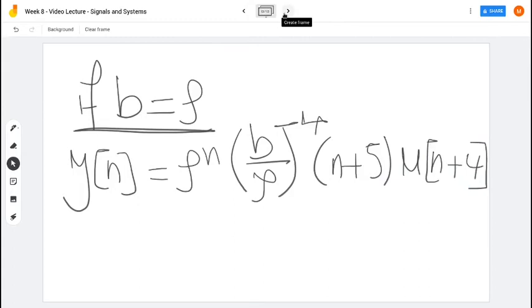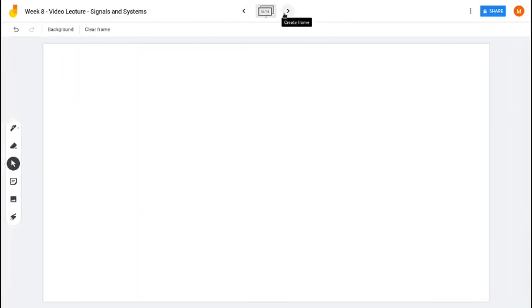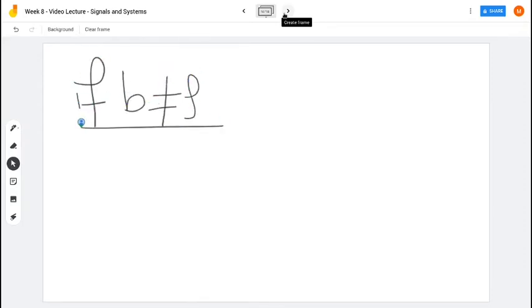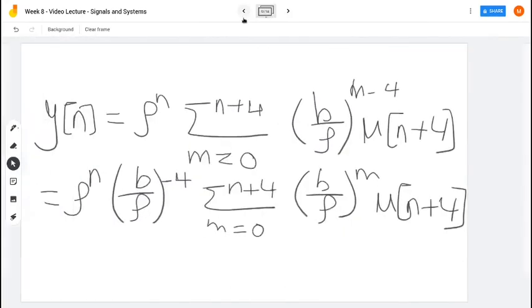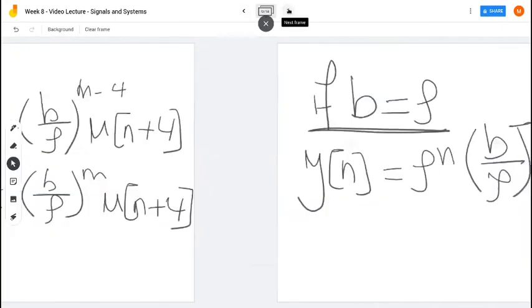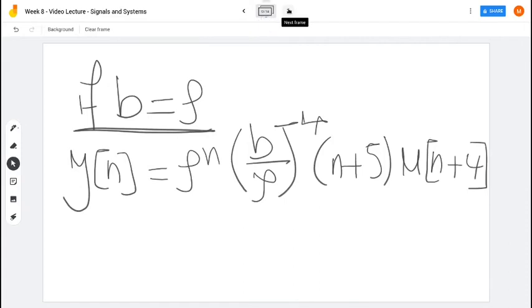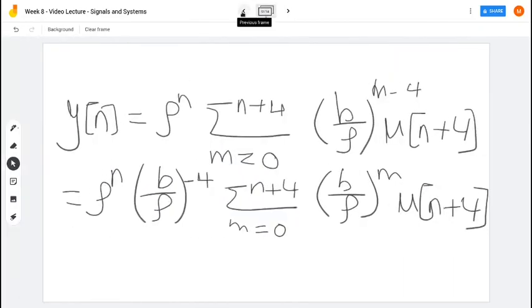But if b is not equal to rho, in this case we will be having y of n equal to rho to the power n, and then a term b over rho to the power minus 4, and then this summation will be 1 minus b over rho in the denominator and 1 minus b over rho to the power n plus 5 in the numerator.